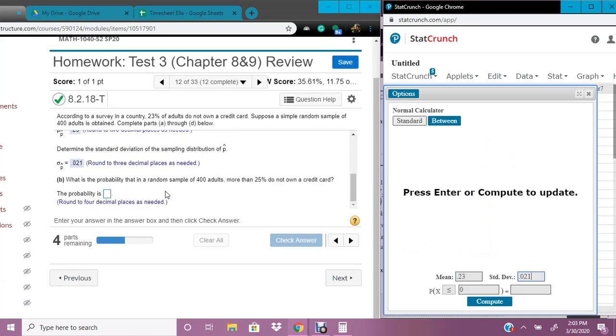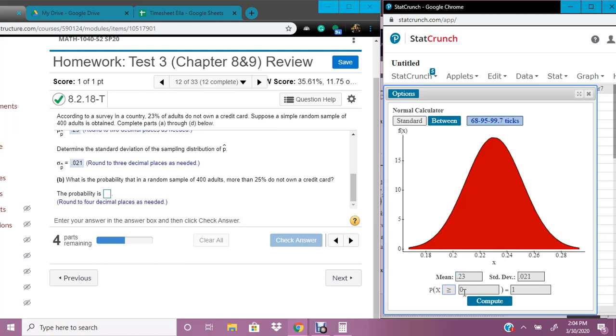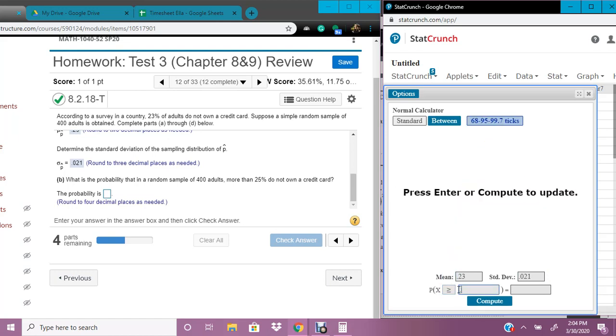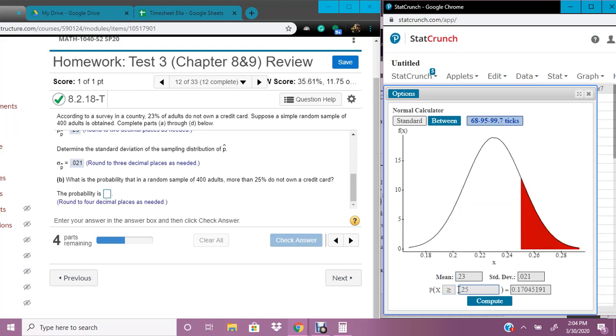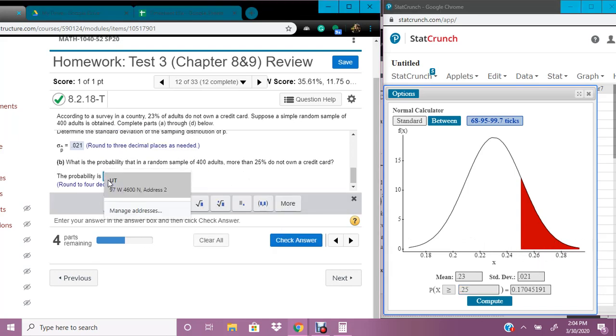And then it gives us a percentage right there, and since we're using a proportion as our mean, we also have to use a proportion for our x. And we're looking for more than, so we gotta do x is greater than 0.25. And I also like to look at the red with the sign to make sure that it is greater than, it's on the higher side. So we can type in that probability.